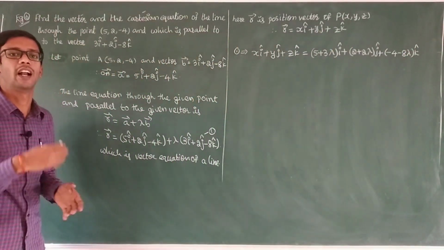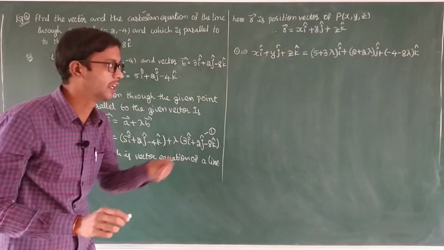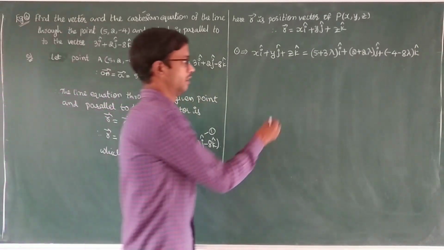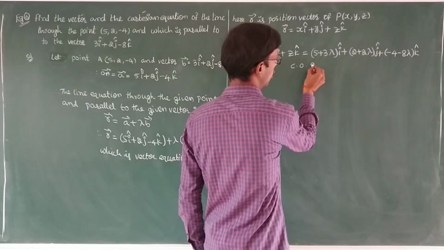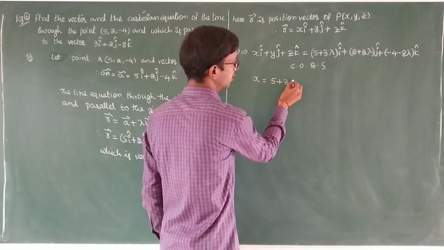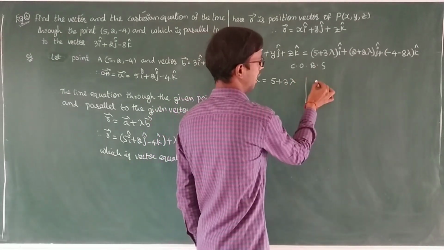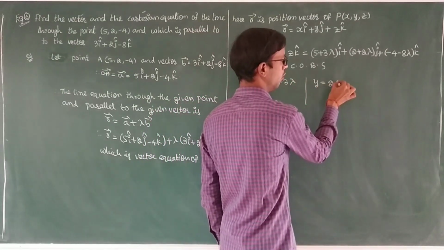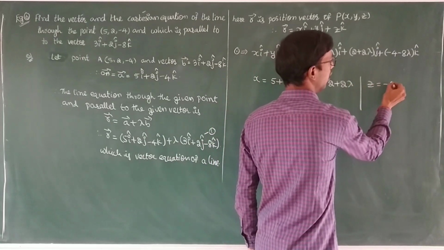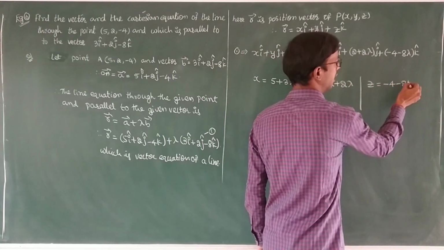This simplification is repeated from the theorem. Here also the same simplification. So now, comparing on both sides: x is equal to 5 plus 3 lambda, y is equal to 2 plus 2 lambda, z is equal to minus 4 minus 8 lambda.